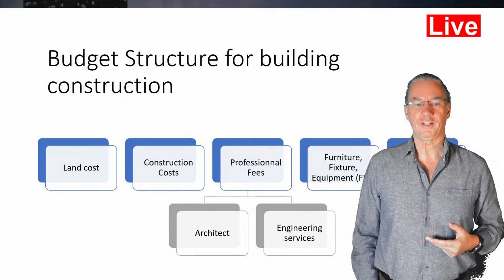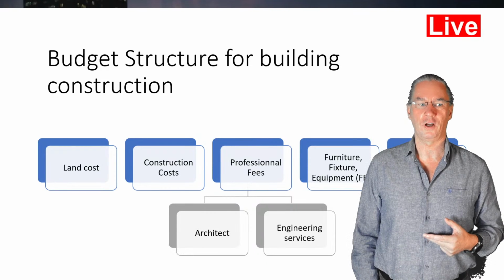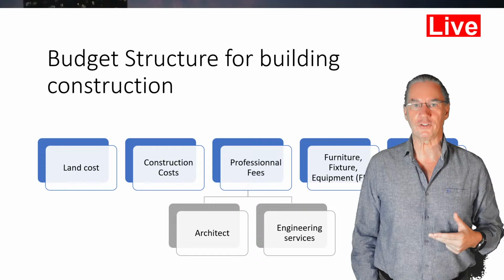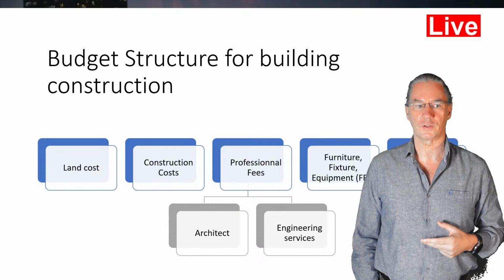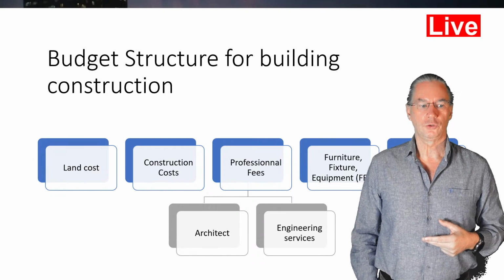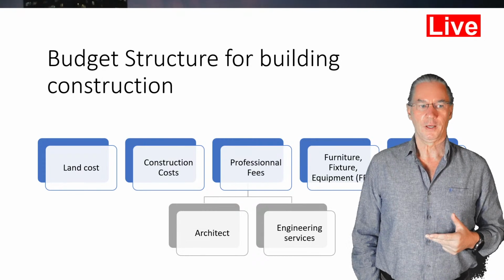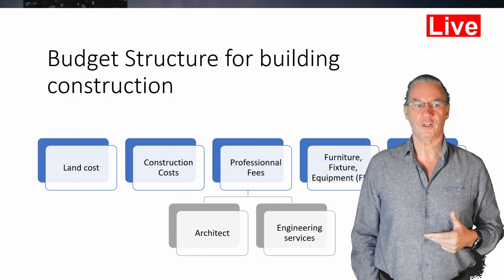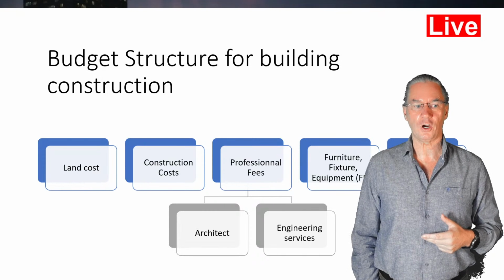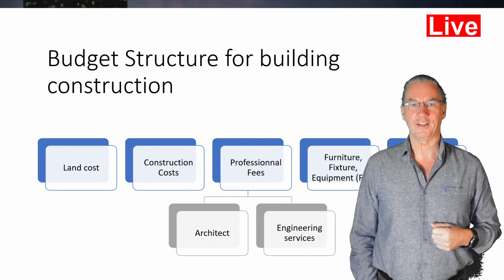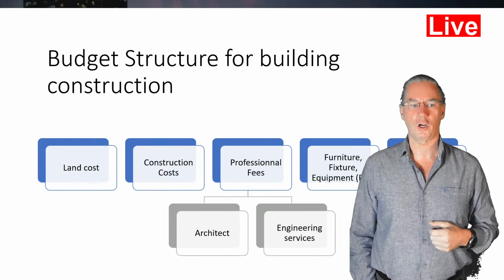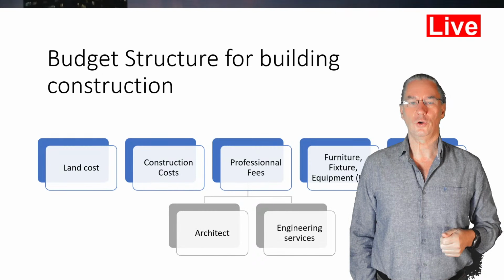I give you here another example of the budget structure in the construction sector, to give you an idea. For the budget of a building, for example, you have land costs, then the construction costs, and then the professional fees.